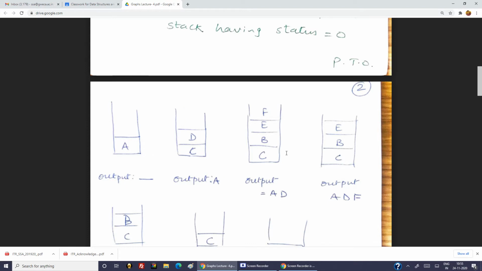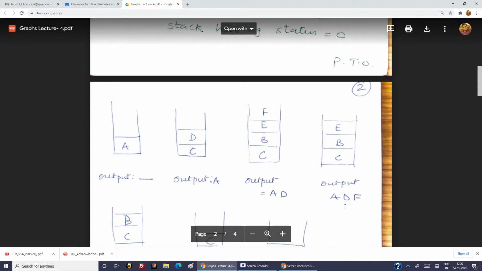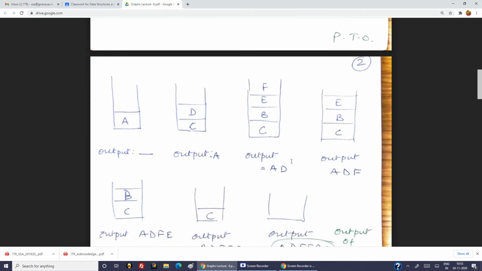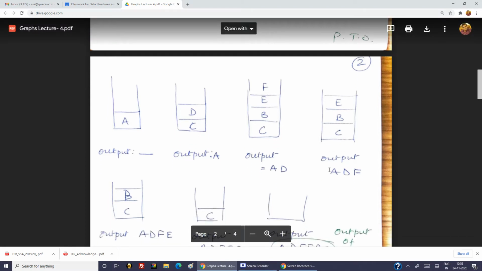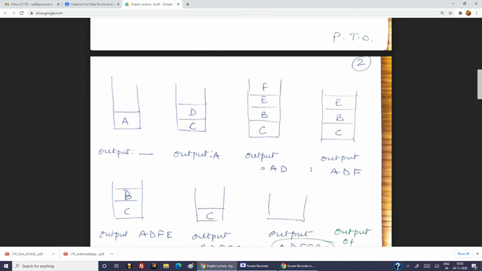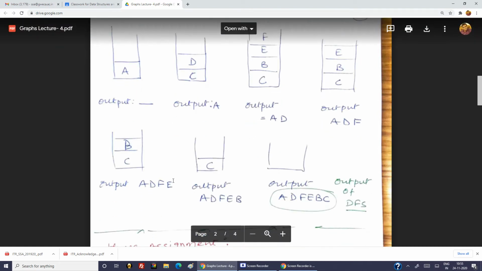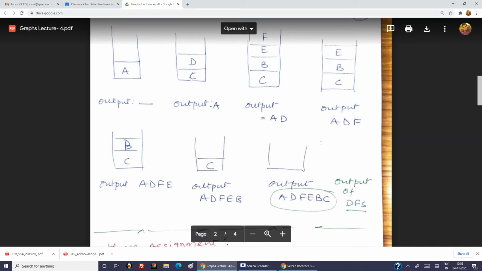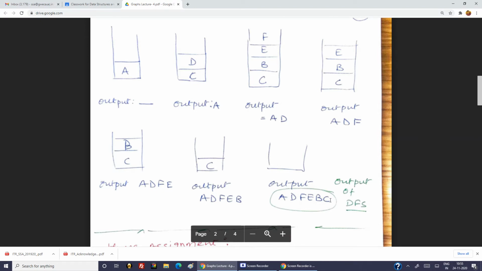Now you take F out of it, then output will become ADF. So all the nodes are covered here. I am not looking towards the neighbors now, because there is no neighbor remaining having status 0. So ADF, then E will be taken out, ADFE, then B will be taken out, output will become ADFEB, and then finally C will be taken out, ADFEBC.